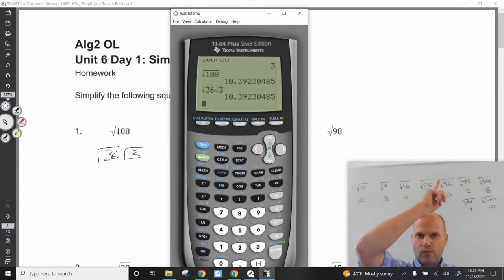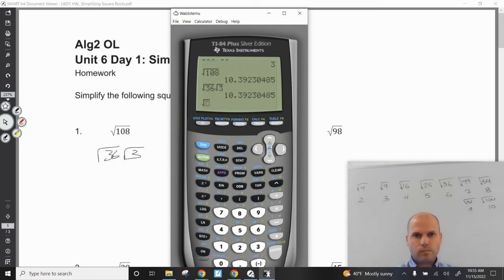The square root of 36 is just 6. So I'm going to change the square root of 36 into just 6. And I see 6 root 3 is the same as the square root of 108. Let's see, 6 square root 3. I should get 10.3923.